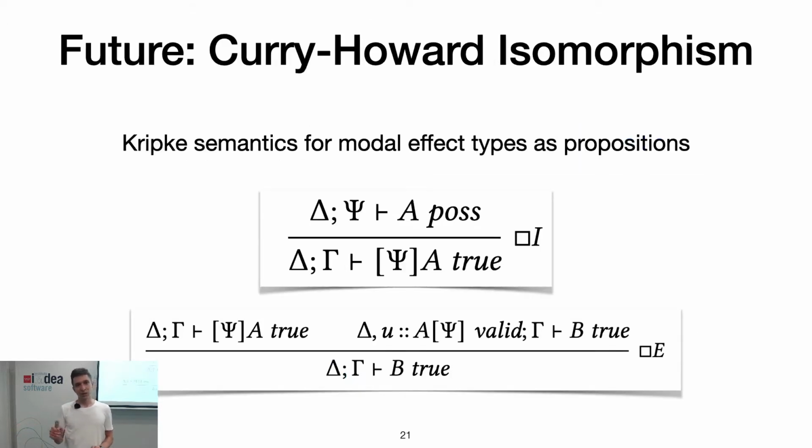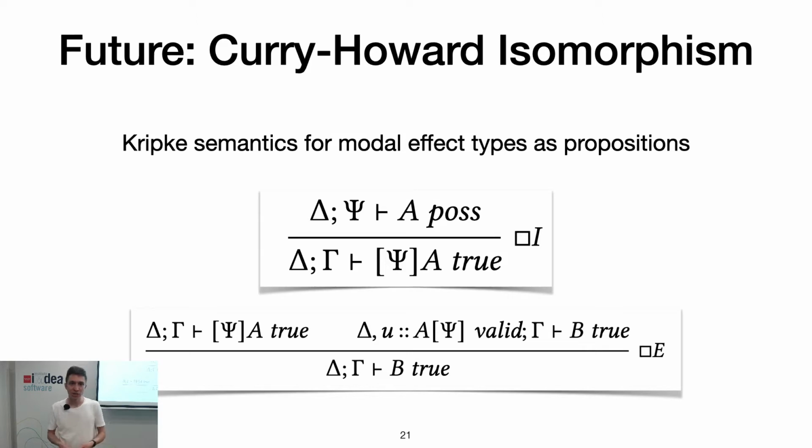Another thing that we want to do is develop Kripke semantics for our modal effect types, which we will see entirely as propositions. We will switch from a language with terms to a language of only propositions that are standing for our effect types. So in a way, we will consider the system of a logic for manipulating algebraic effects.